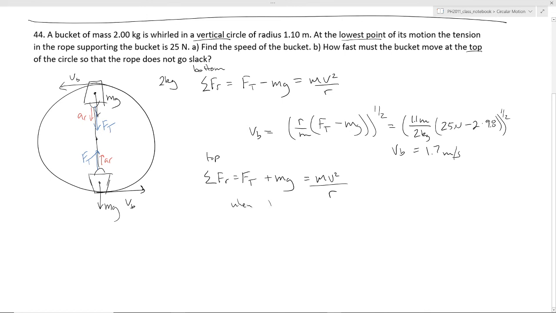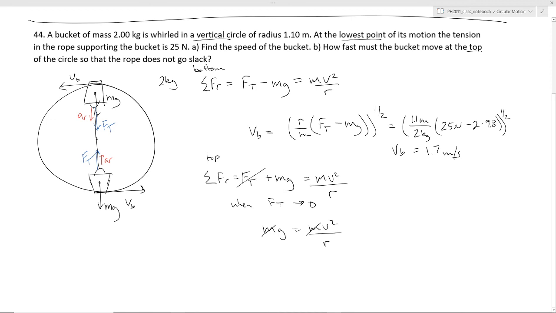So when this goes to 0, we can solve this expression for v. So we have mg equals mv squared over r. Notice it's not going to depend on the mass.